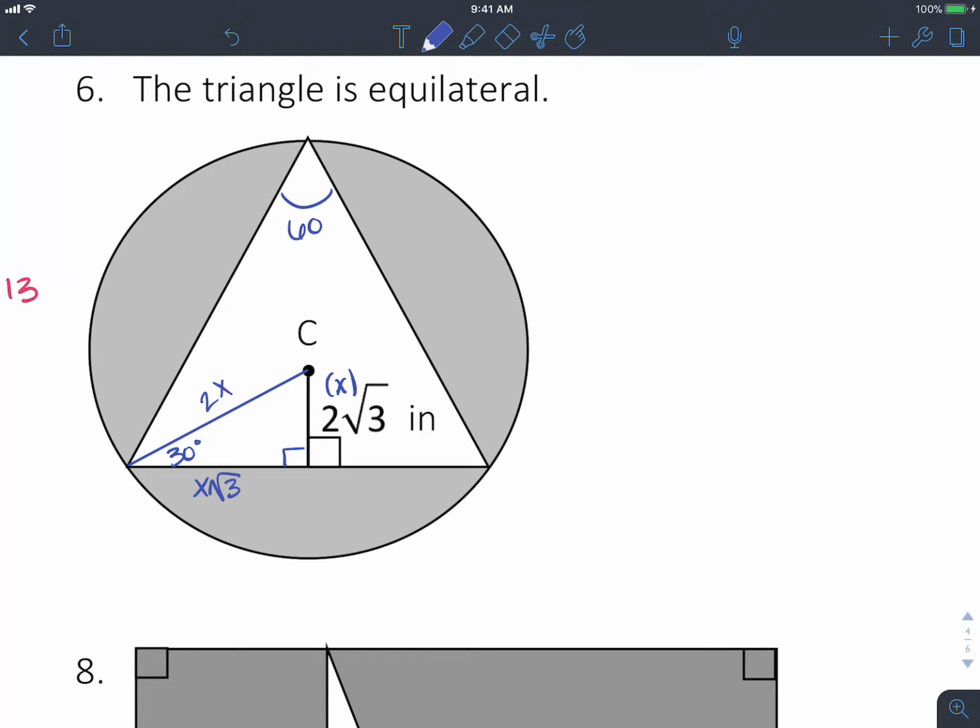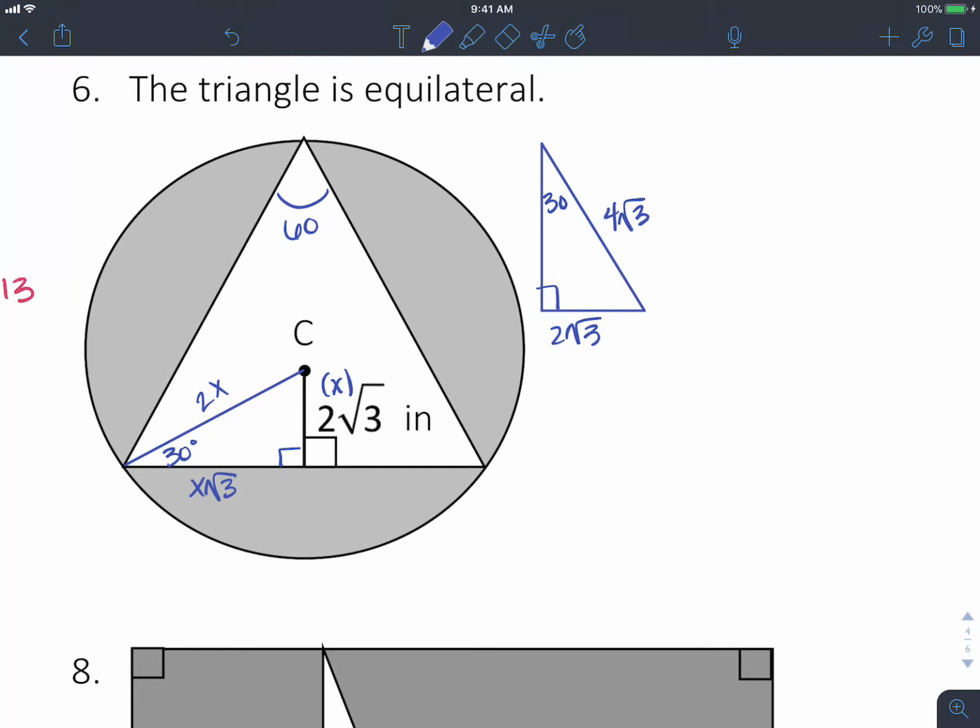So we draw it over here. We have our 30, 60, 90, 30's up here. 2√3 again is our x side, so our hypotenuse is going to be 2 times that, so 4√3. And then our long side is going to be x√3, so 2√3 times √3. Square root of 3 times the square root of 3 is just 3.